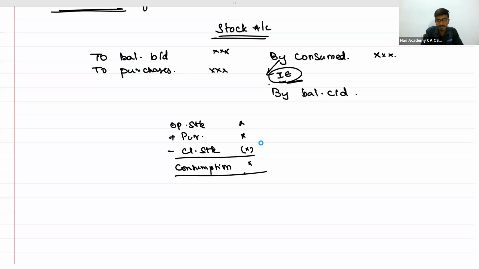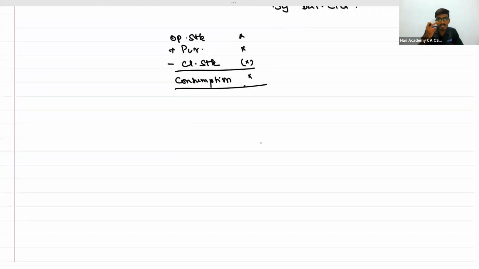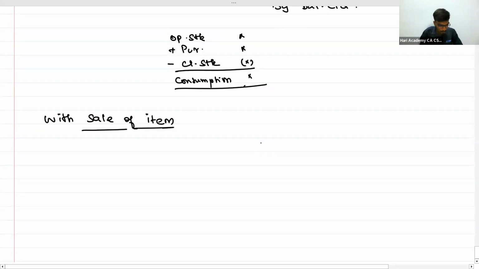The next thing is there may be a possibility of selling that item, to sell newspapers, to sell sports materials and all. So with sale of the item, the first thing you need to prepare is what I will call a trading account.